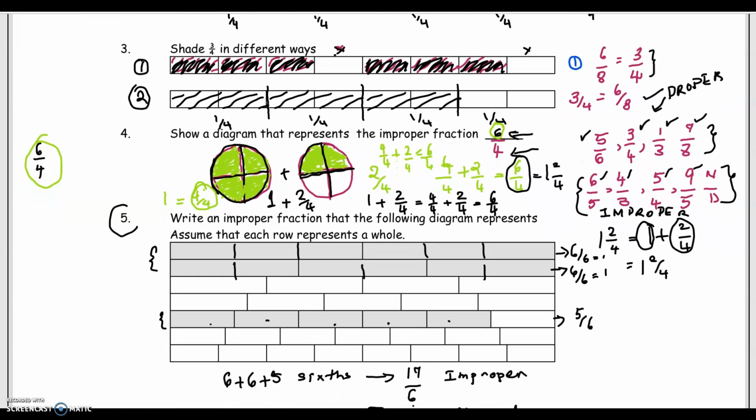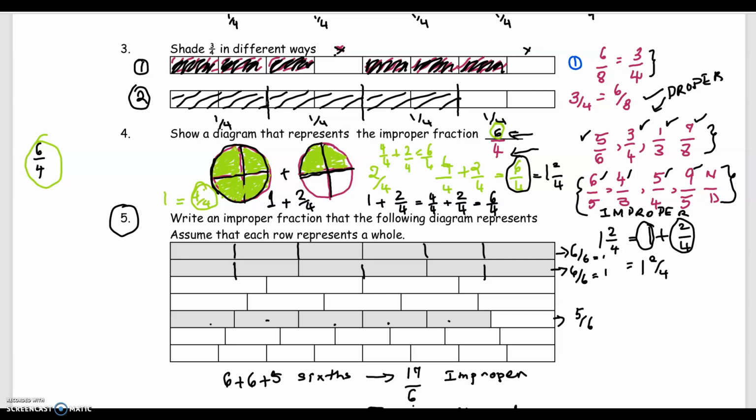Now the next question, question 5. Write an improper fraction that the following diagram represents. So look at the shaded areas. I'm going to rethink this problem.